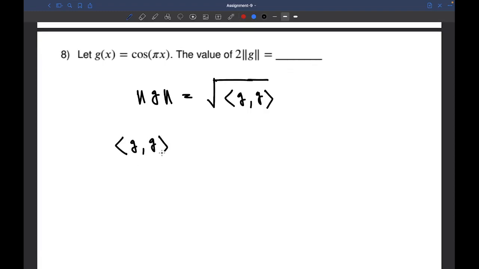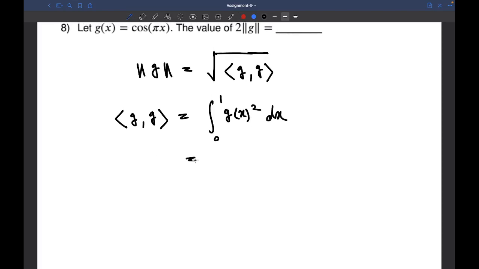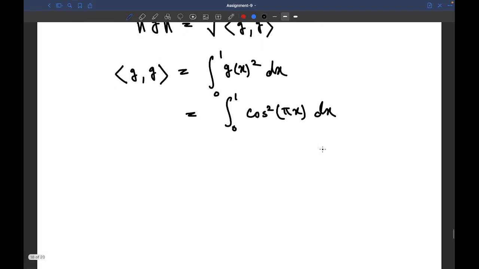This will be the integration from 0 to 1 of g(x) squared dx, because g(x) times g(x) is g(x) squared. So this is the integral from 0 to 1 of cos squared pi x dx. We have to integrate this.